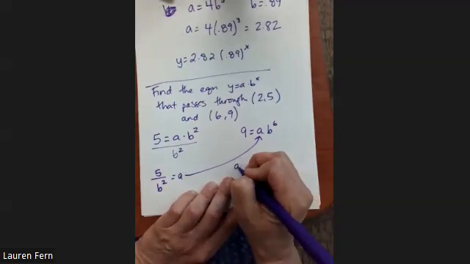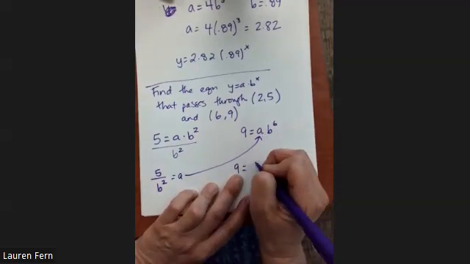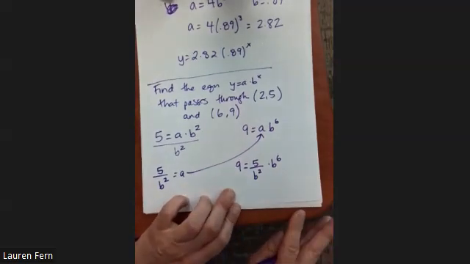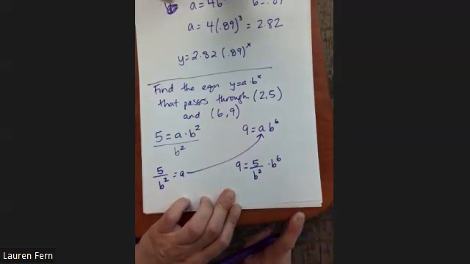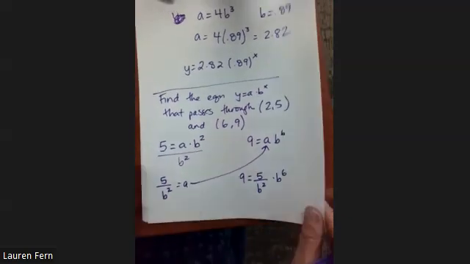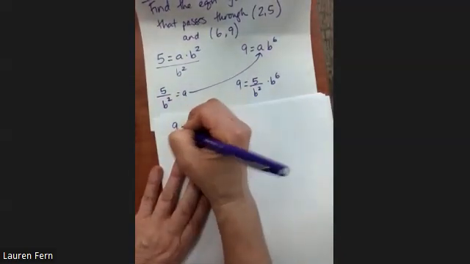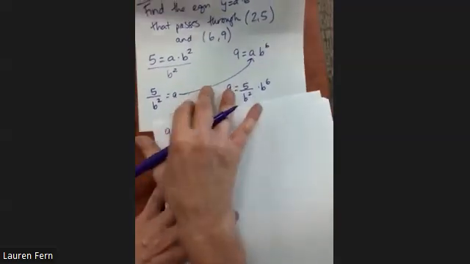So if I do that, I get 9. In place of a, I'm going to put 5 over b squared. And then I got that b to the 6th. You with me this far? Okay. Got some properties of exponents happening here. I'll savor my left-hand side 9.